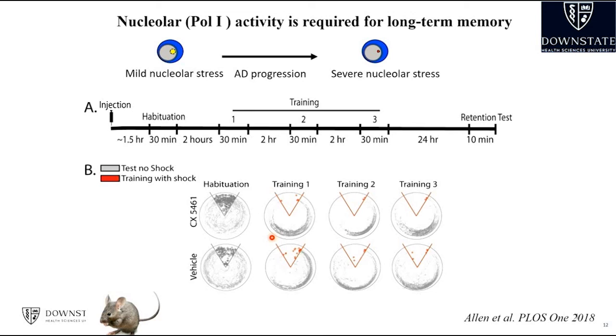But when we come back the next day, if we compare the animals that were treated with inhibitor of RNA polymerase 1, they actually don't remember anything. So this is saying that the nucleolus, if we shut it down, even transiently, is going to have consequences in the memory consolidation. So can we do the opposite?